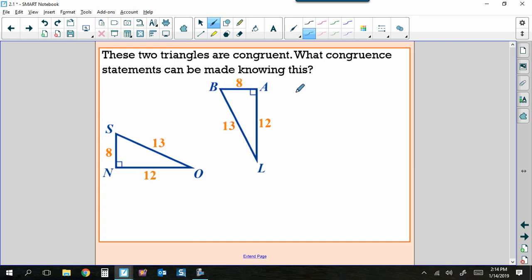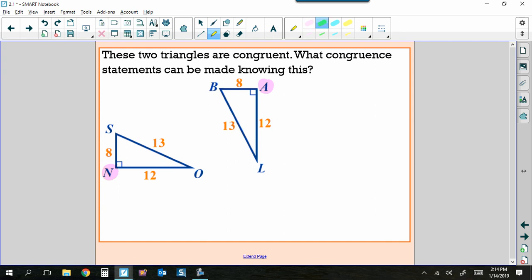If you remember back to the beginning of the lesson, I talked about how you have to talk about points that are in the same place of the two triangles. So if you look at this, we have point A, which is our right angle in this triangle. Point N is going to be the same point in my other triangle.